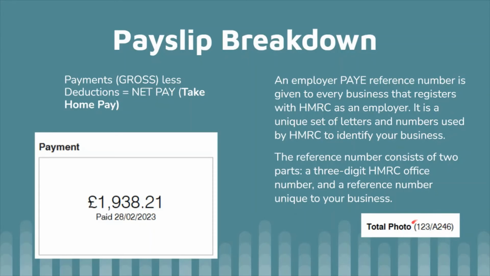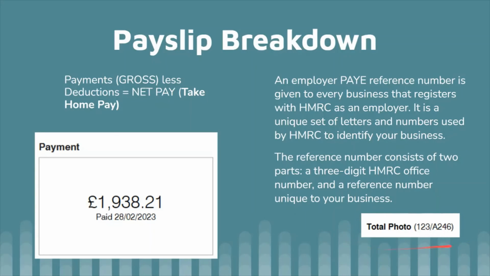The first 3 digits, so example on screen for total photo is 123. That is the HMRC office number. So it's pinpointing as to which HMRC office is responsible for this organisation. And then within that office, it's given a unique reference number to pinpoint that business.